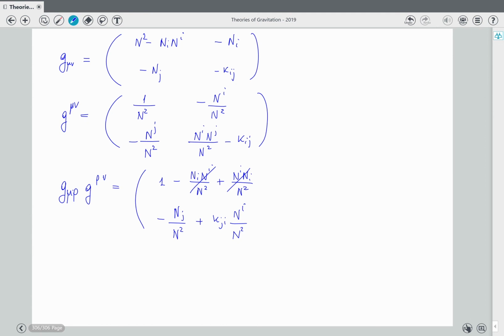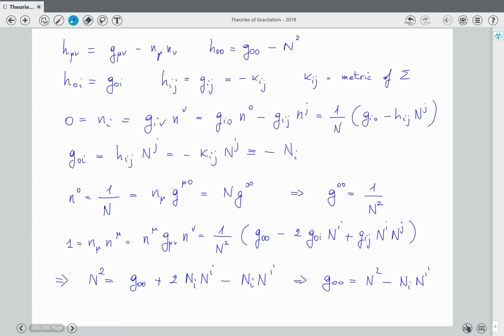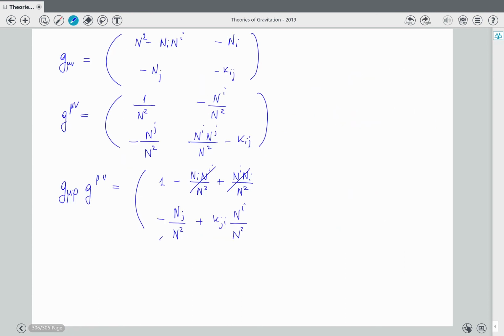But you have to remember that this κ is the metric that, apart from a sign, lowers and raises the indices, so this is 0. And then I leave it to you to continue and we can leave it there for today.